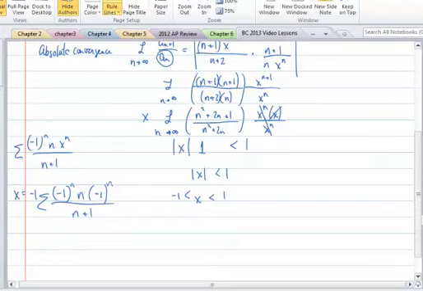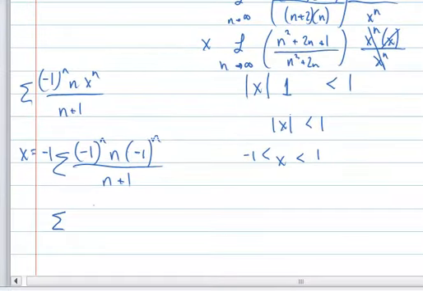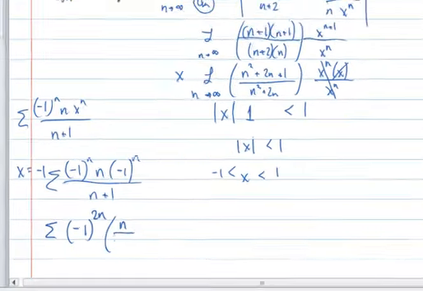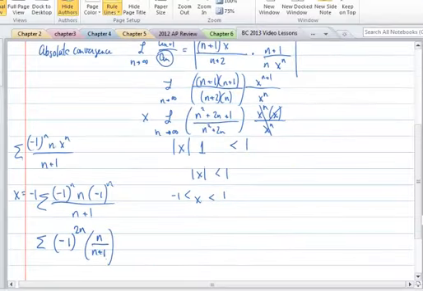I'm going to start writing out the terms and see what develops. Here, -1 to the n times -1 to the n becomes -1 to the 2n, and I have n over n plus 1.